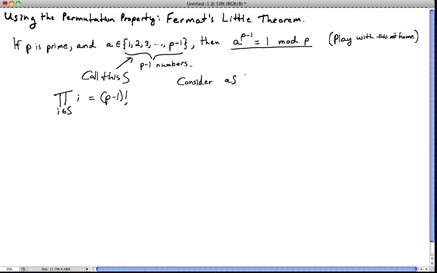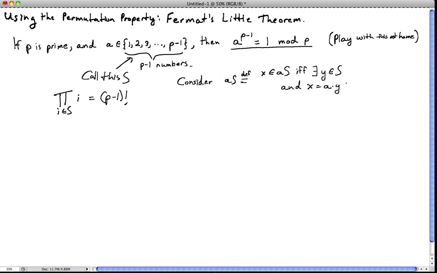What do we mean by this? What I mean is the set you get by multiplying every element of S by a. So this is going to be defined as: x is a member of a times S if and only if there exists a y that belongs to S and x equals a times y.